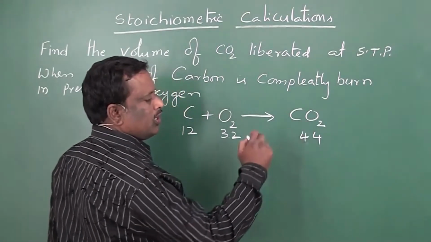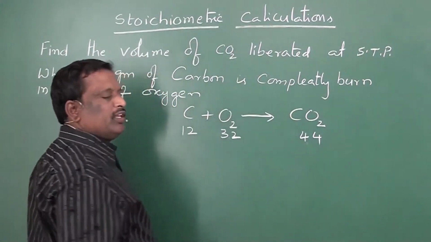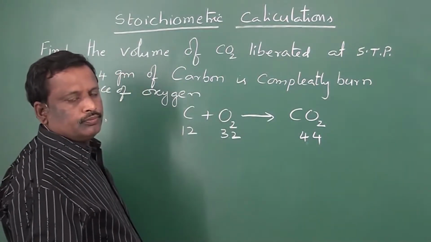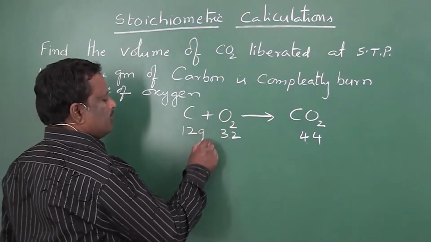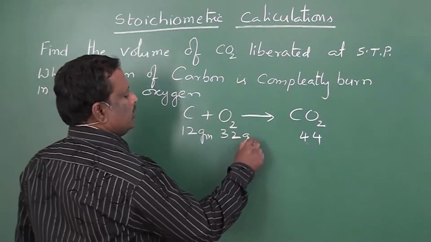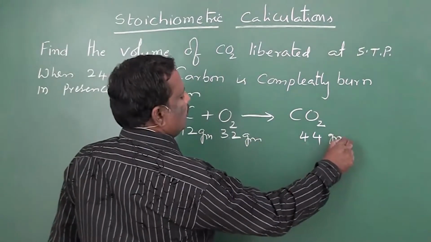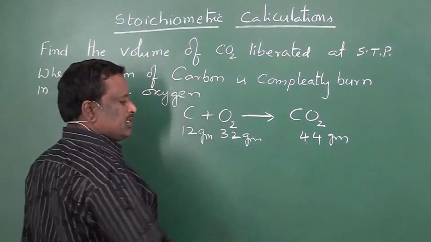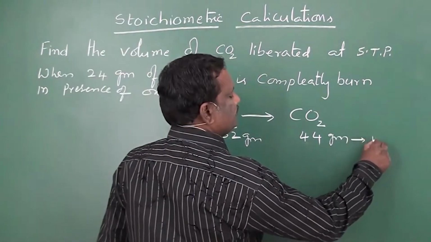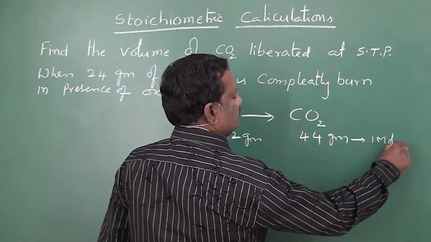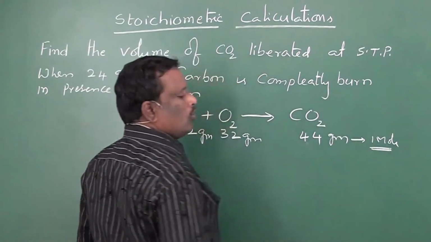Since 44 is the molecular weight, 44 grams will be equal to 1 mole. So if it is all in grams, 12 grams, 32 grams and 44 grams, this is equal to 1 mole.